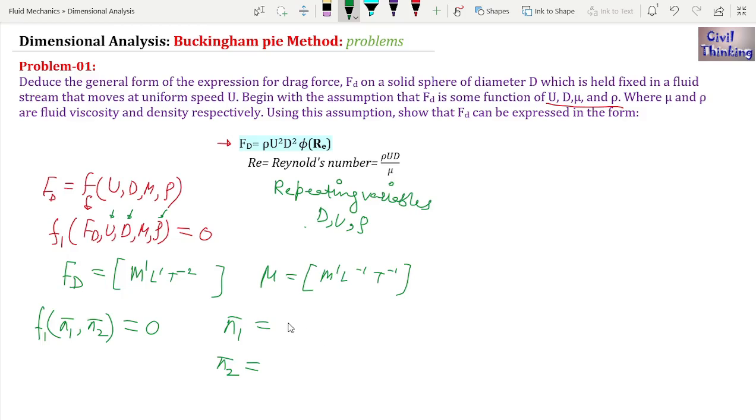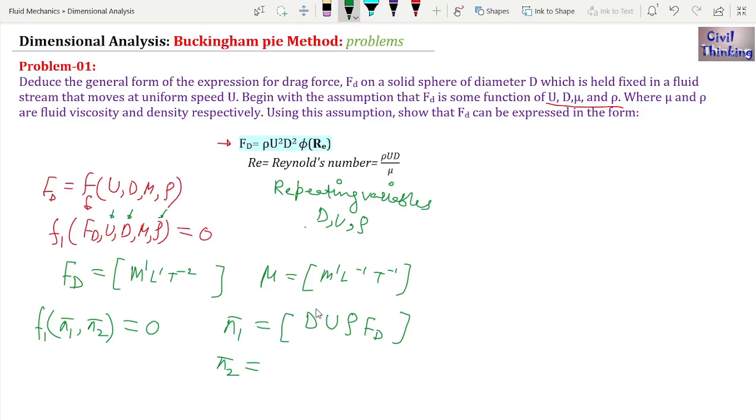So pi 1 will be equal to the repeating variables d, u, rho, and let me choose one non-repeating variable with it. It can be fd or mu, it's our choice. Let me begin with fd. Now I will assume some arbitrary coefficients.